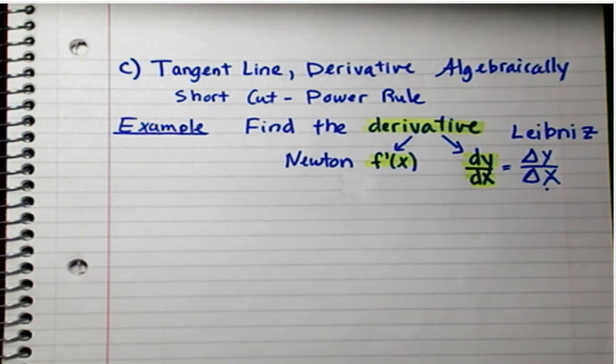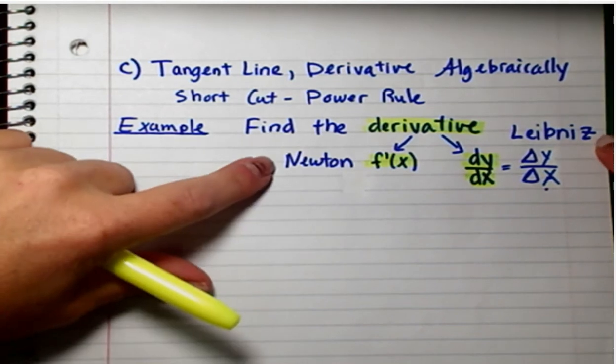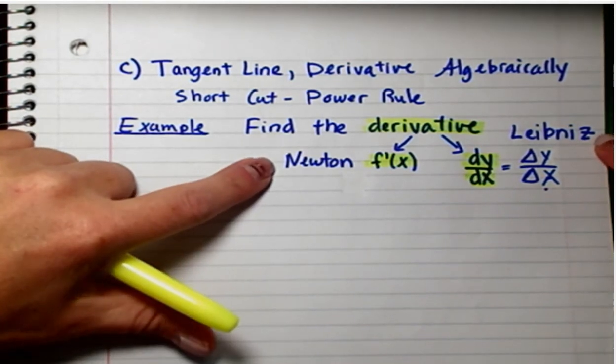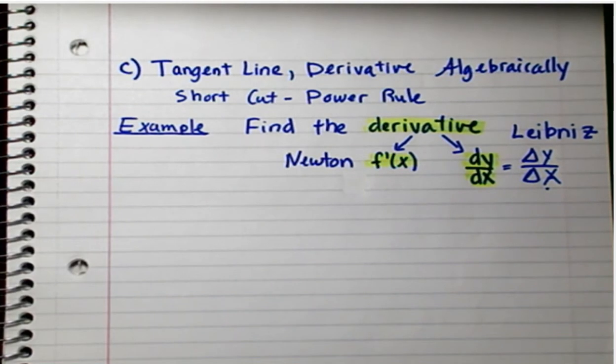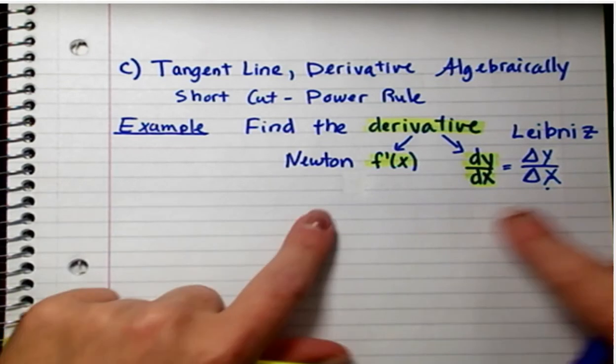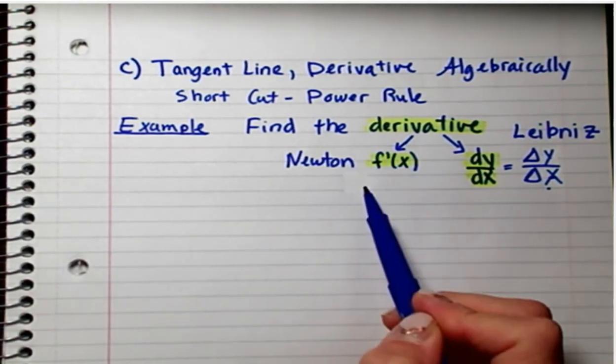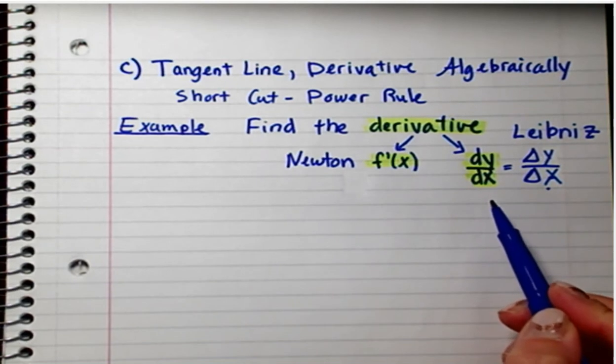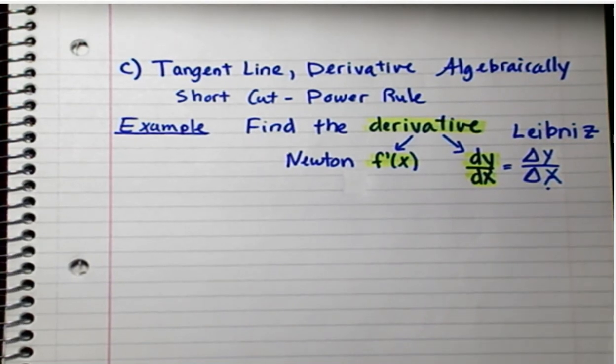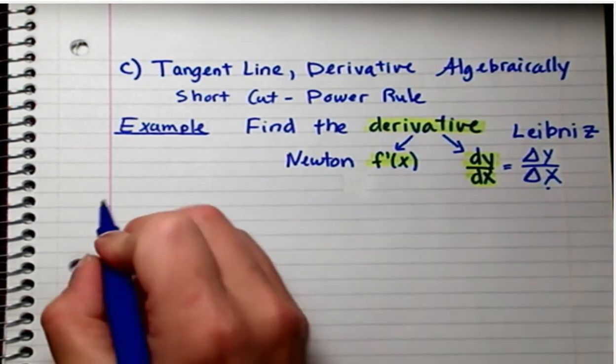Yeah, something like Leibniz. These two are credited with creating calculus kind of simultaneously in two different parts of the world. They created the same thing, but they have different notations. This one is function notation. This one is not. It's the same thing. They just look different. All right, so here we go.